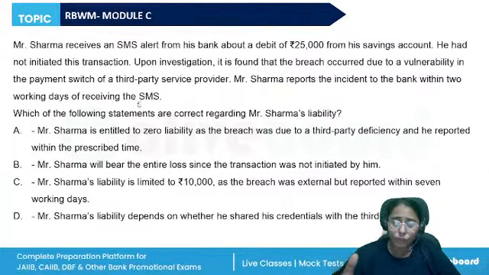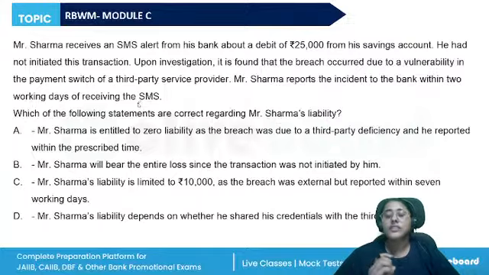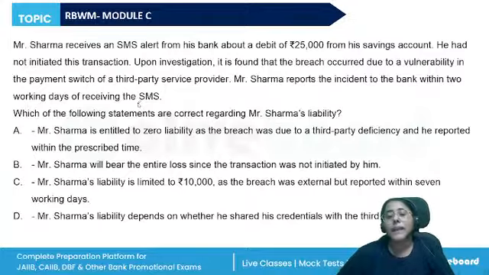So to correct that, one of the ways is that the banks must ask their customers to mandatorily register for SMS alerts and email alerts for electronic banking transactions. When there's an unauthorized transaction, the customer's liability will depend upon the type of transaction, whether it was the fault of the customer, or the fault of the bank, or a third party, neither the bank nor the customer's fault. So now read this case study.